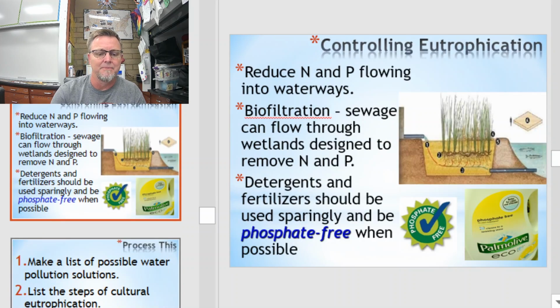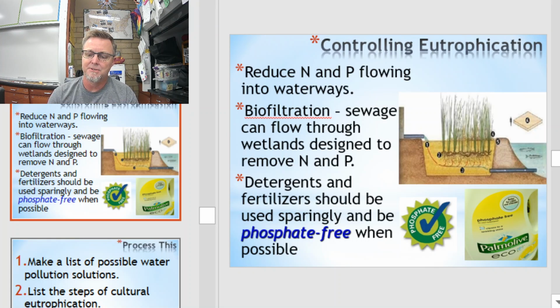Okay. Now, how do we control eutrophication? Well, real simple. We reduce the amount of nitrogen and phosphorus flowing into our waterways. You can do this by, first of all, not depositing nitrogen and phosphorus containing materials into the water, or you can use biofiltration. In this case, sewage can flow through wetlands designed to remove nitrogen and phosphorus.